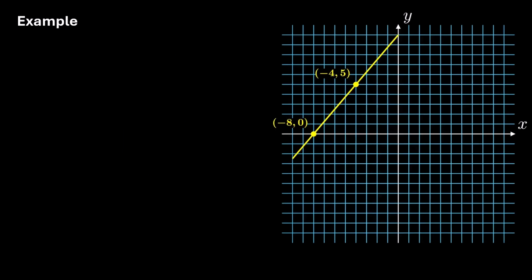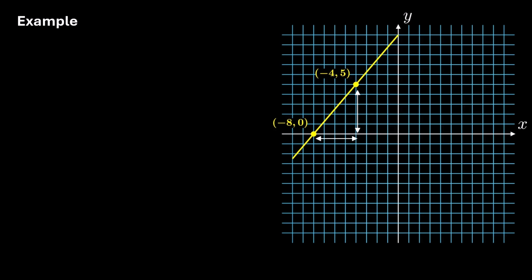Now let's take a look at another example. This time our straight line goes through the points minus 8, 0 and minus 4, 5. So the gradient is equal to change in y divided by change in x.